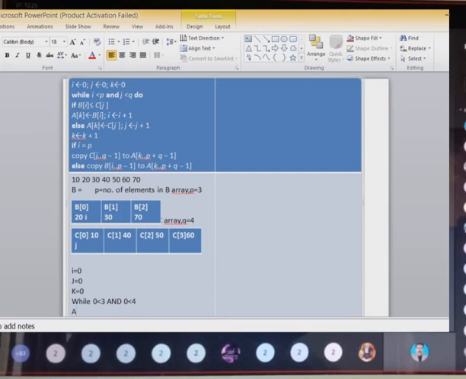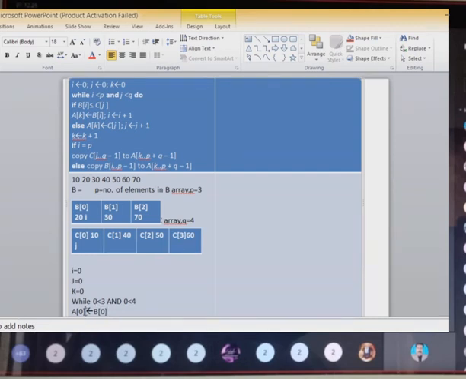Now A of K, initially K equivalent to 0, right? A of 0 equivalent to B of, initially B of I is 0, I equivalent to 0.